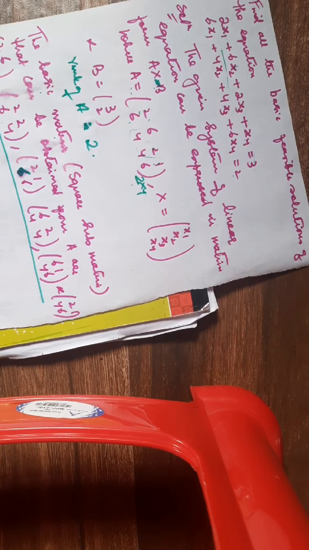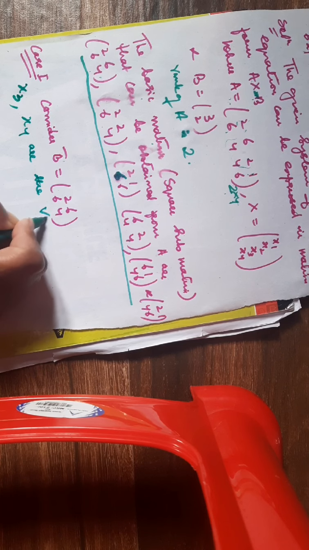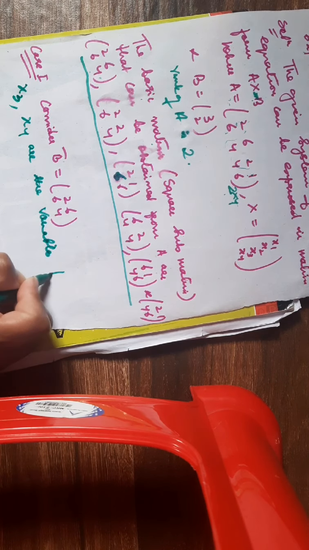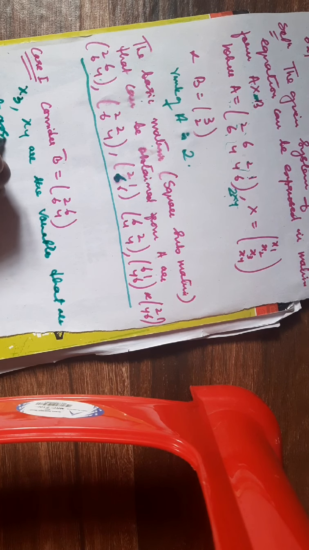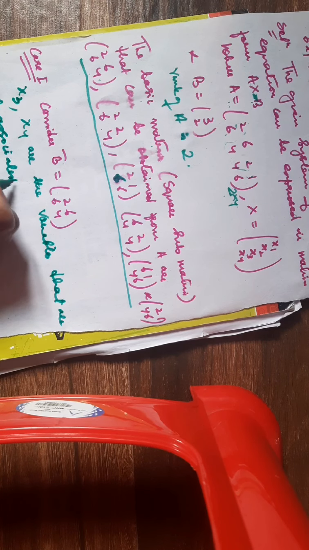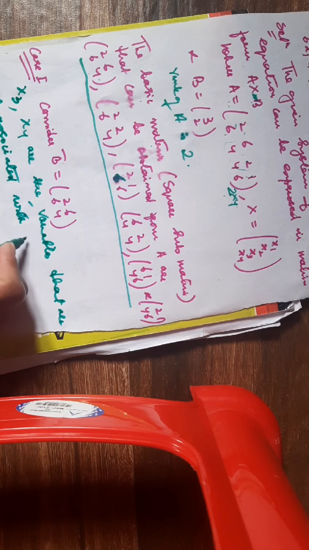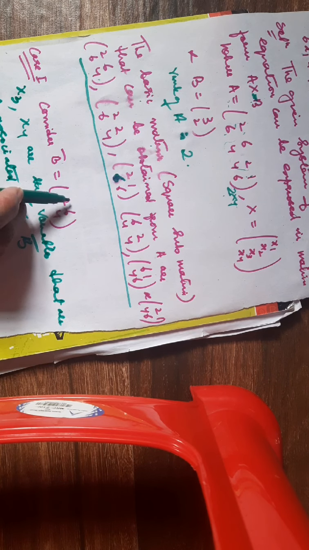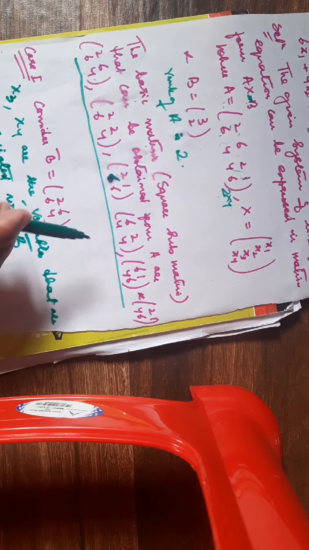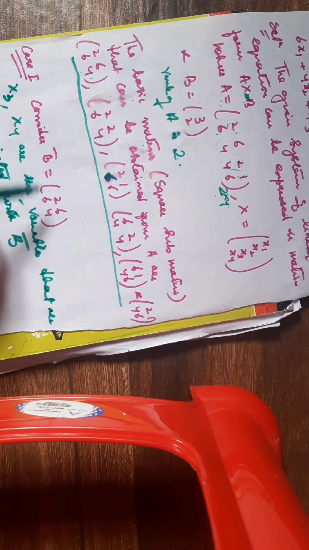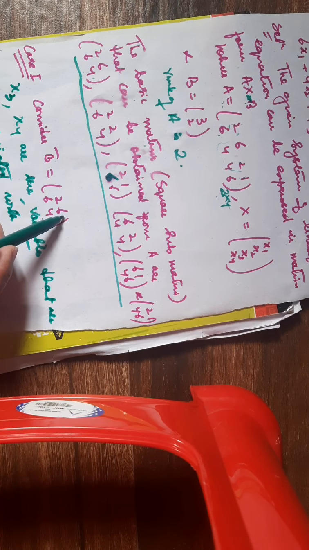So x3 and x4 are the variables that are not associated with B bar, since we obtained B bar from the first and second columns, where the first column represents the coefficients of x1 and the second column represents the coefficients of x2.